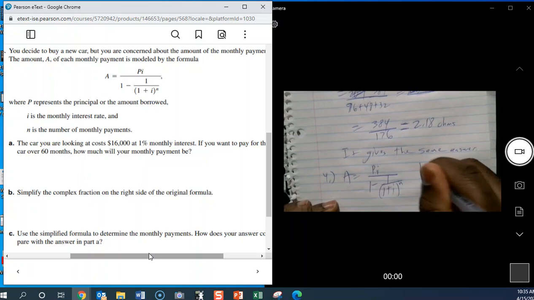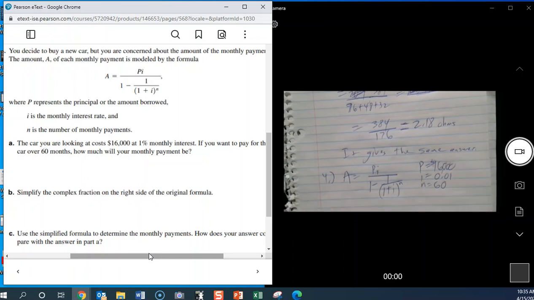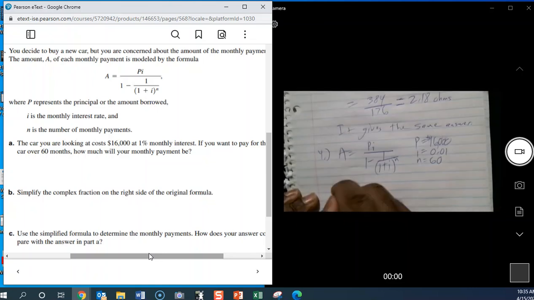So let's write out the information. The principal is $16,000. That's the initial cost. The I stands for the monthly interest rate, which is 1%, which we'll write as a decimal. And then the N is the number of payments, which would be 60. So now we just go through here and substitute.